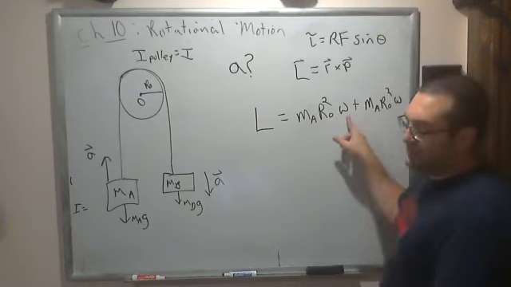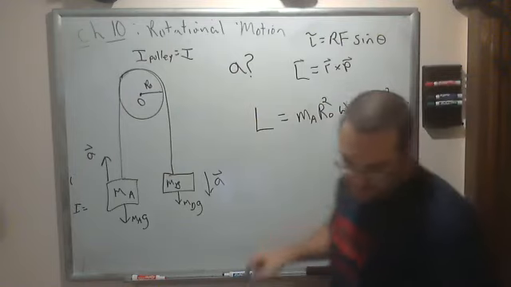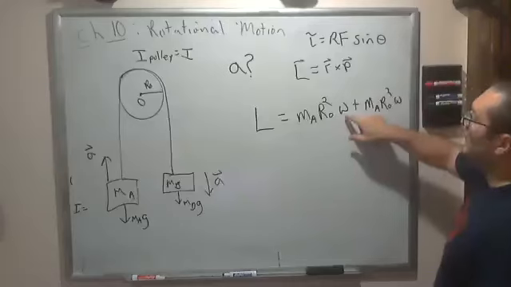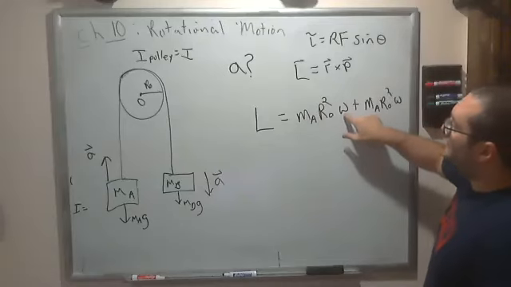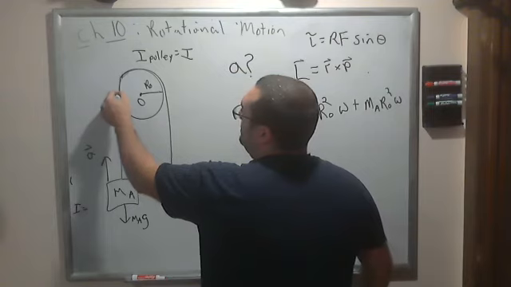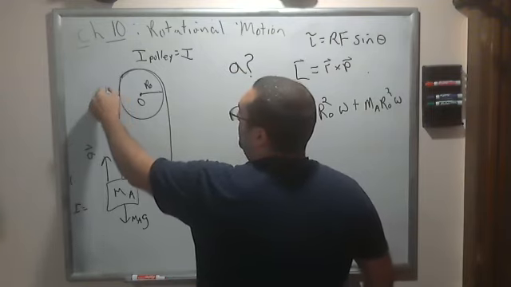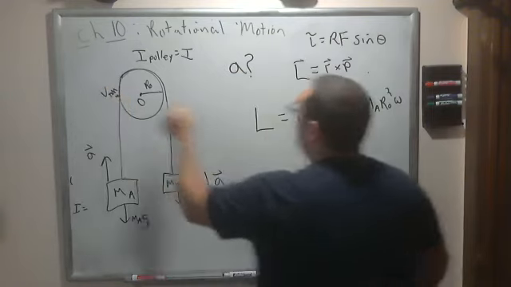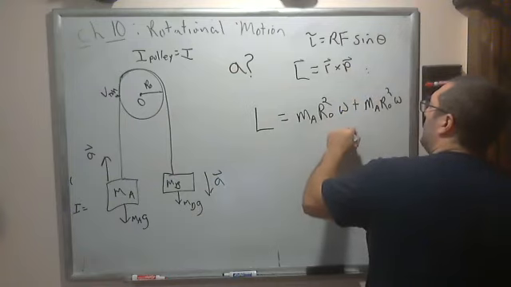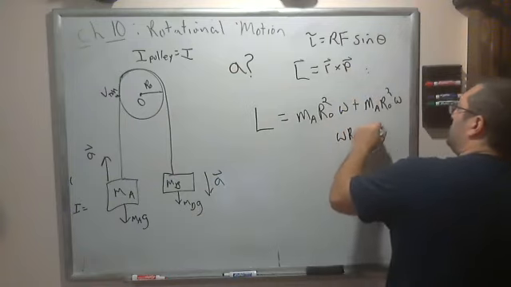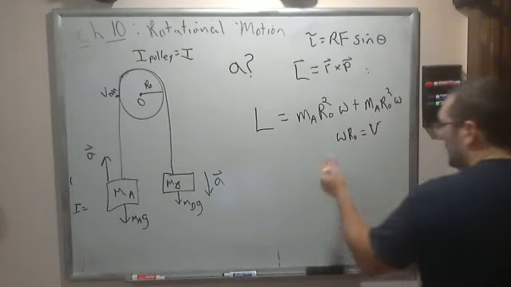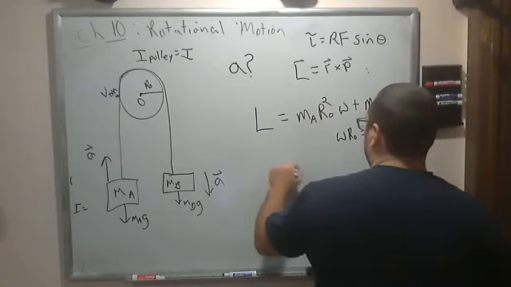Now let's plug in the linear velocity for omega. The linear velocity is just the tangential velocity, so omega r naught is equal to v, and when we plug it in, we lose a term.